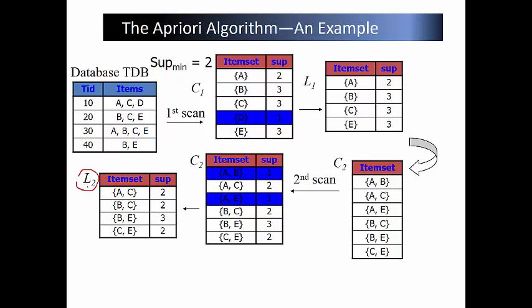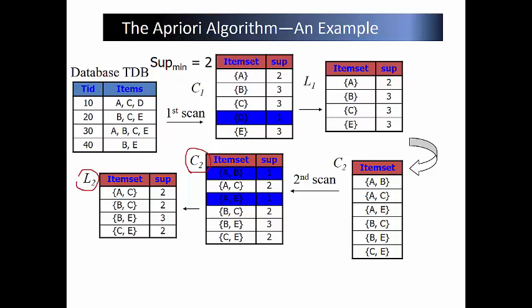Frequent item sets are extracted from the candidate item sets if the item sets have at least the minimum support threshold. So we have AC, BC, BE, and CE, right?